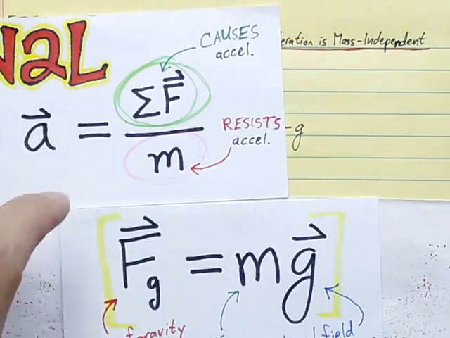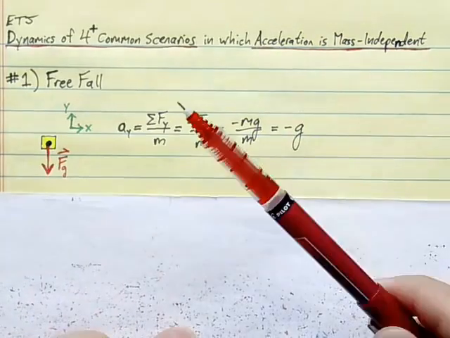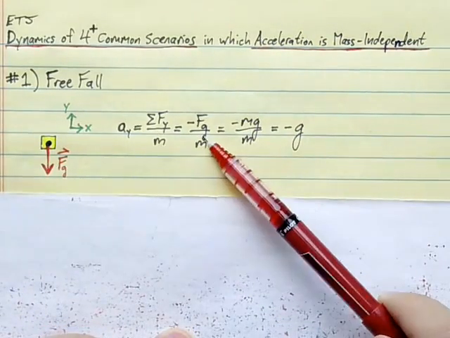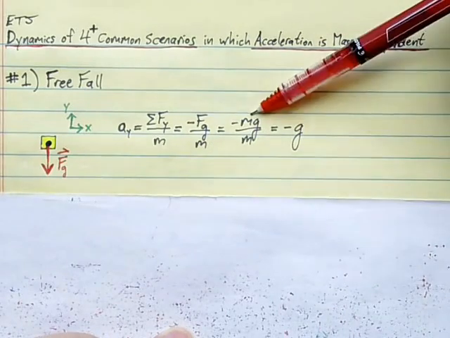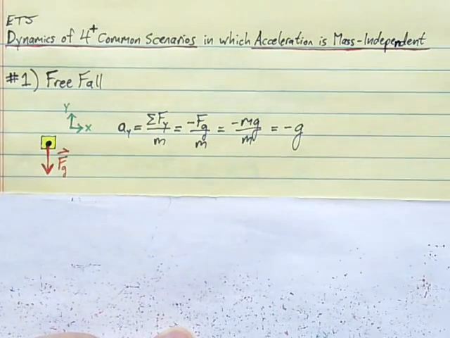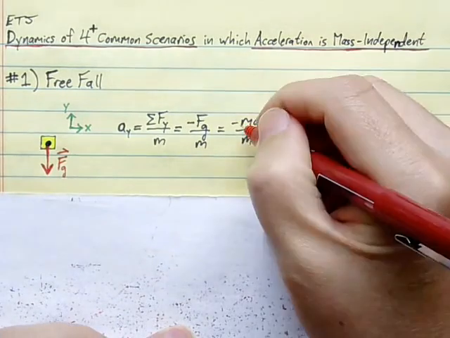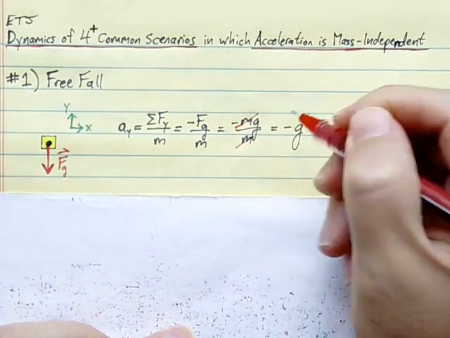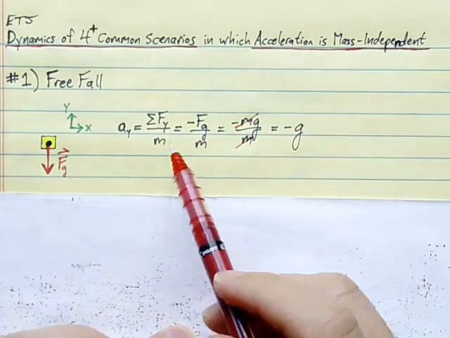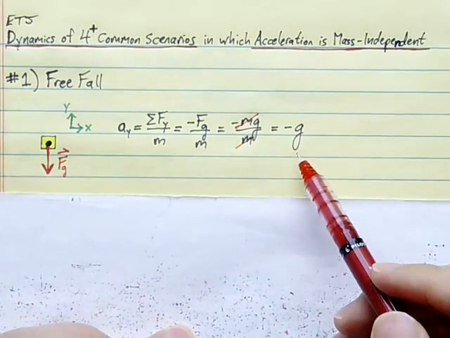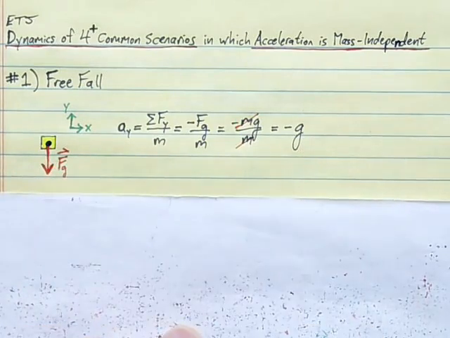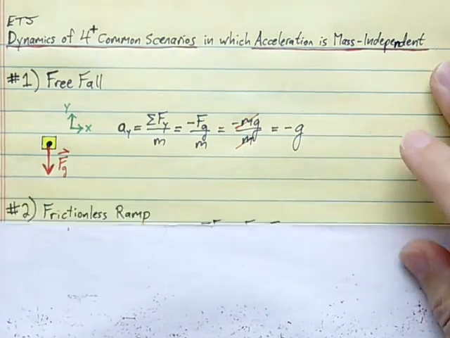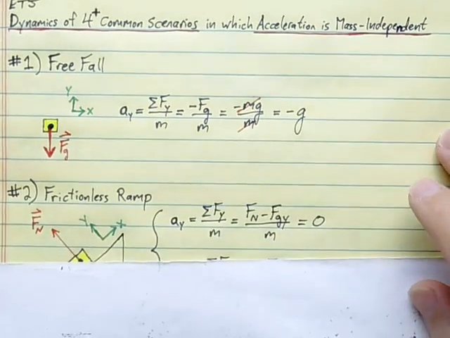And so when we set up Newton's second law here and end up with our force of gravity divided by the mass of the object, this quantity, gravitational mass, and this quantity, inertial mass, they happen to be the same thing. And so they cancel out, resulting in this acceleration for any object in free fall regardless of the mass of the object. Scenario 2, a frictionless ramp.